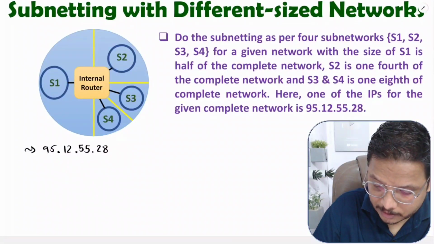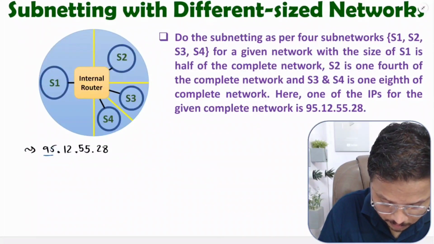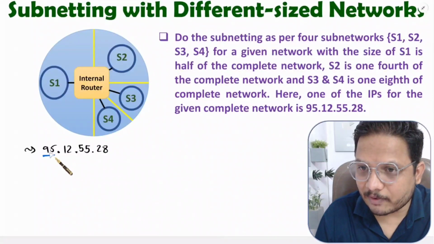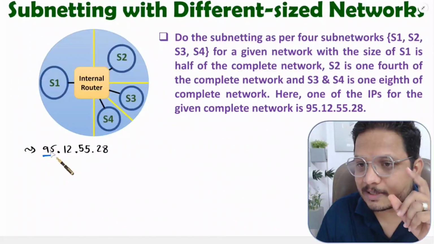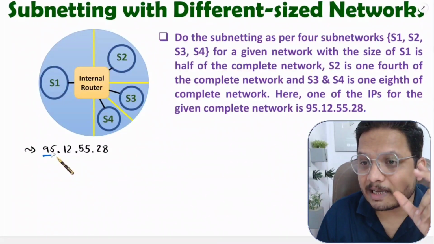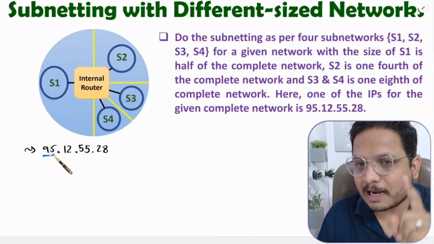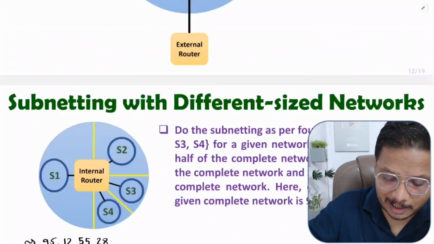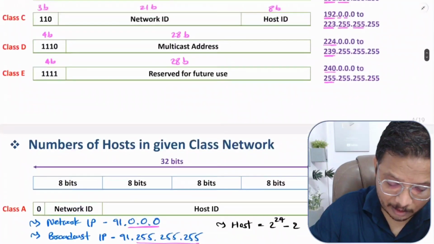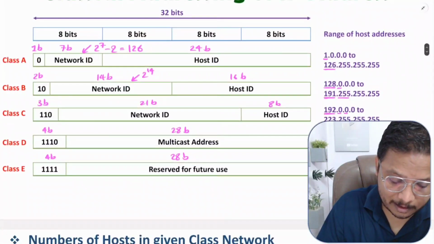If you observe the first octet, it has the value 95. If the first octet has a value between 0 and 127, then you can say it belongs to class A. In my classful addressing of IP video, I explained how we can identify the class.